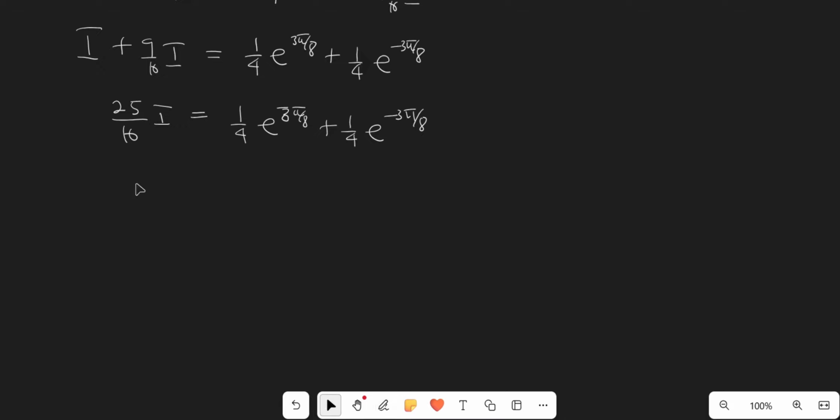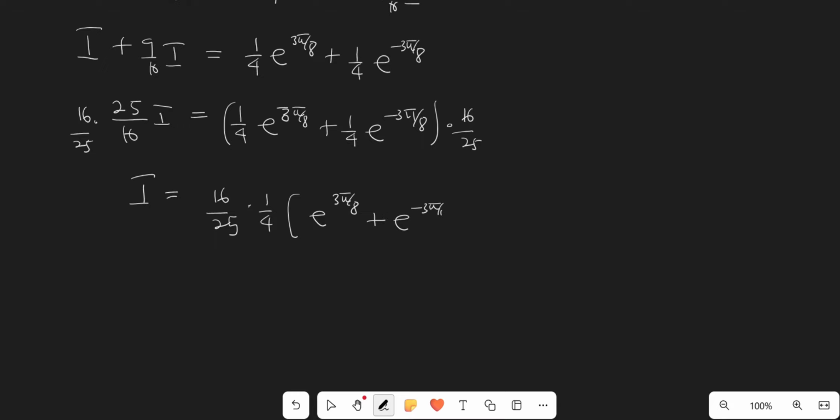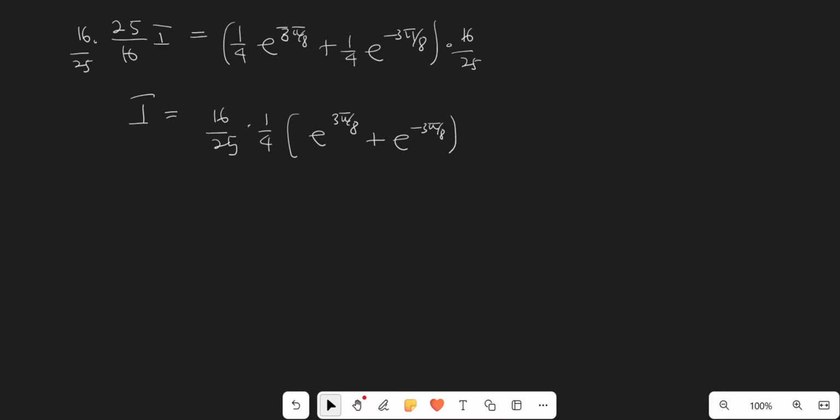Now I is going to be equal to 16 over 25, because we multiply here by 16 over 25, and we do the same thing here, 16 over 25. So 16 over 25, and then you can factorize 1 over 4 out, and this is going to be e to the 3 pi over 8 plus e to the negative 3 pi over 8, like this.